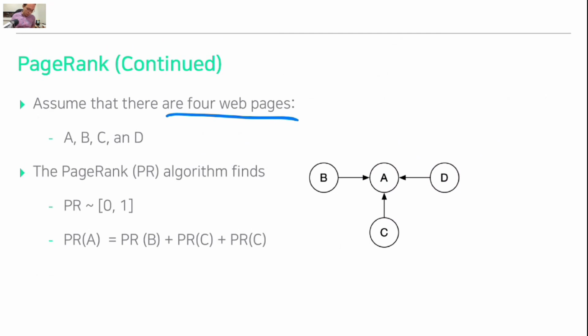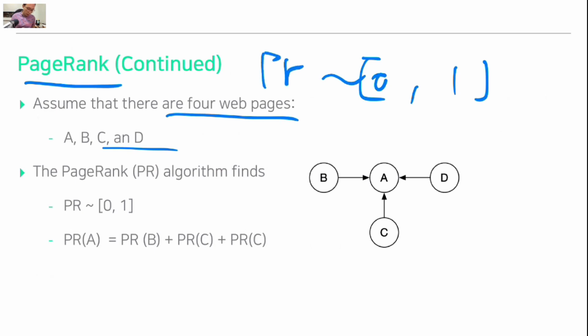So we have 4 web pages, and we think the PageRank is a probability distribution, right? Which means we can get a value from 0 to 1. For each node, we may say the score is the PR. Each PageRank score can have a value between 0 and 1, right? Oh, I wrote down here.